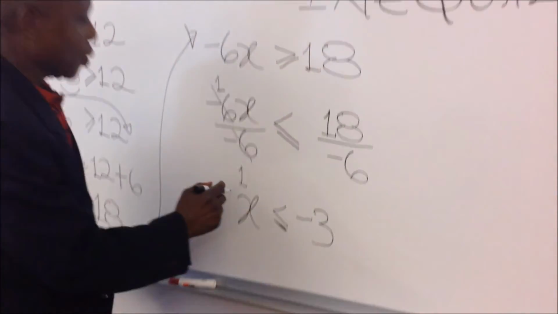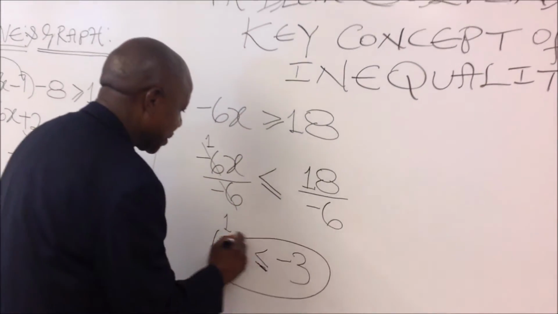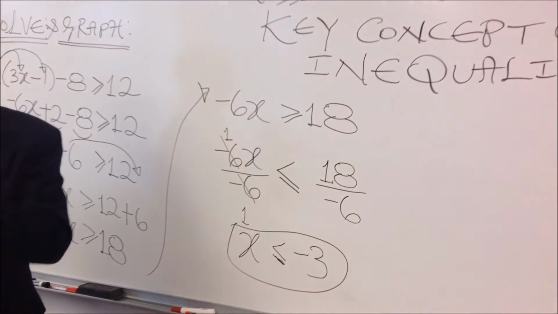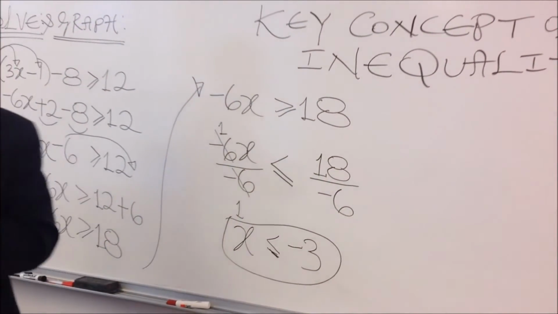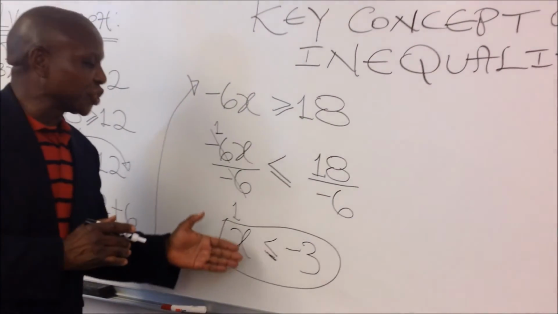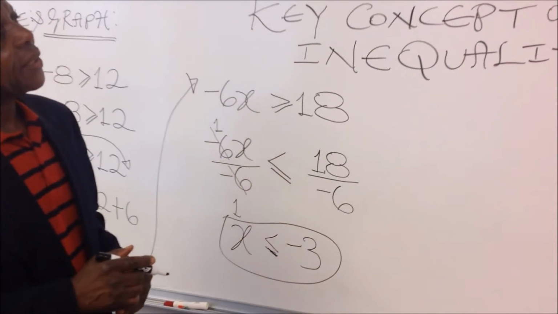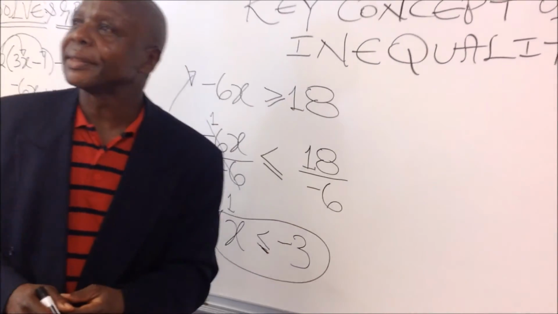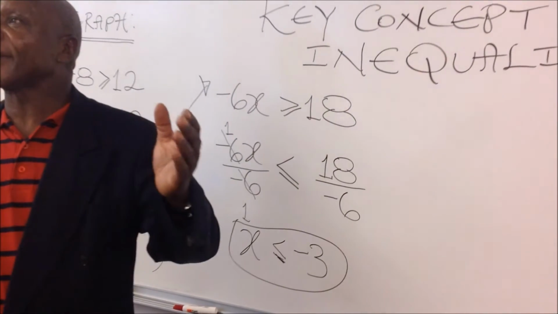So how do we represent this problem graphically? In other words, how do we represent this solution on the real number line?